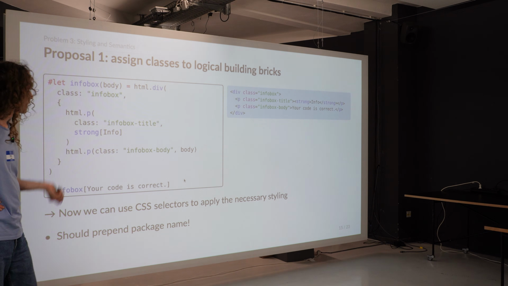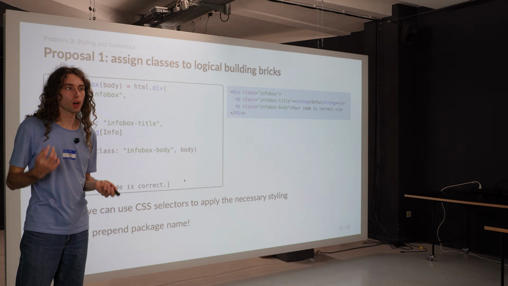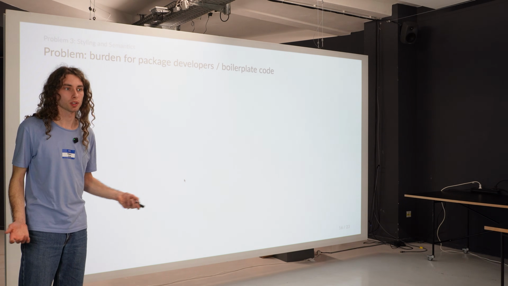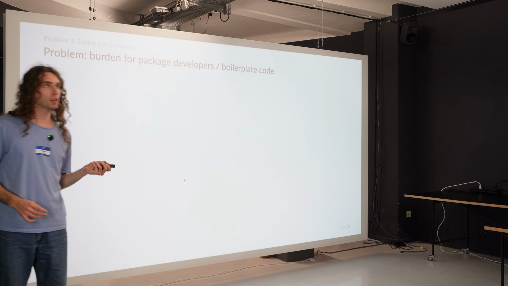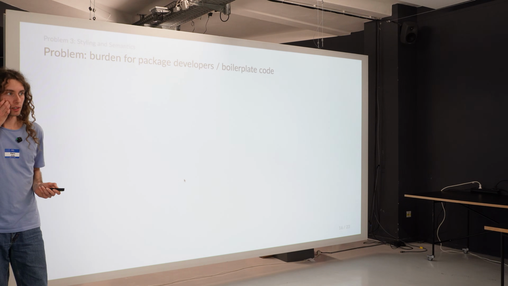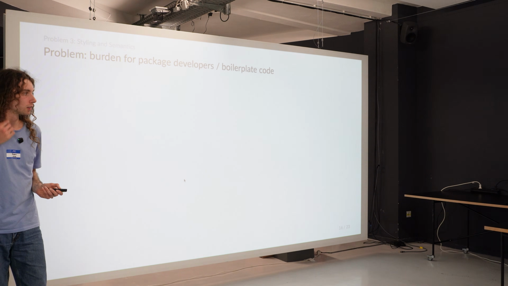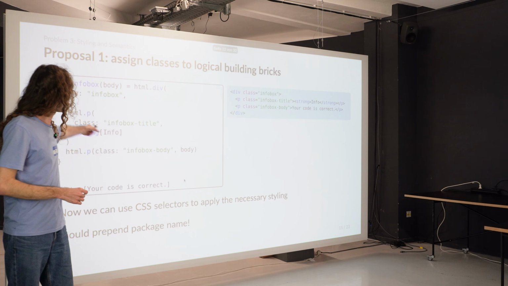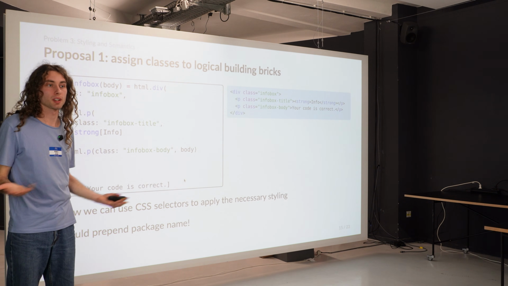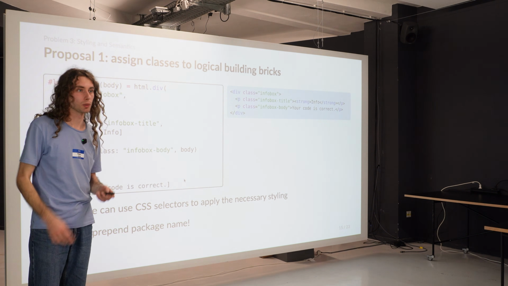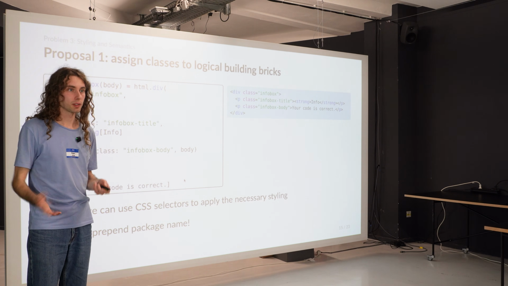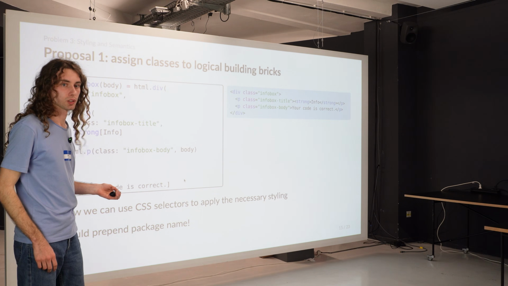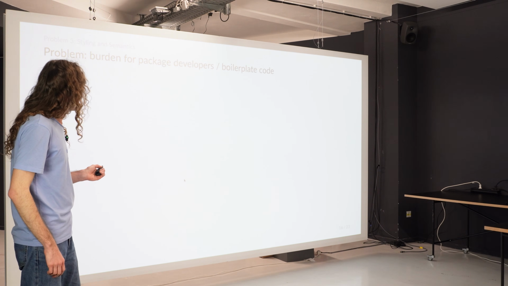And although this works, it seems like a lot of burden put on the package developer, because you really need to write a lot of boilerplate code, and all in all, it's not really beautiful. Also, you need to check the target, because when you do something like that and export to PDF, then nothing is shown. So you really need to check whether we are in an HTML export, and only then add these classes and so on. So it's tricky.